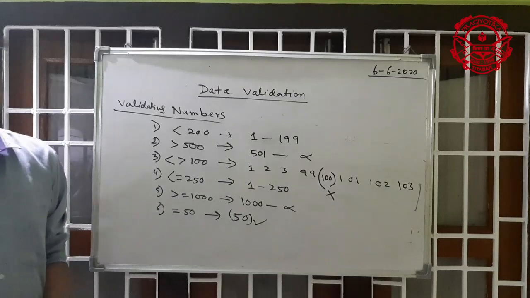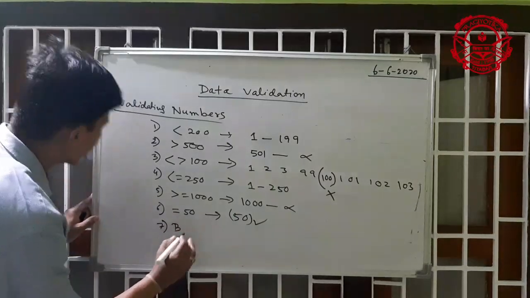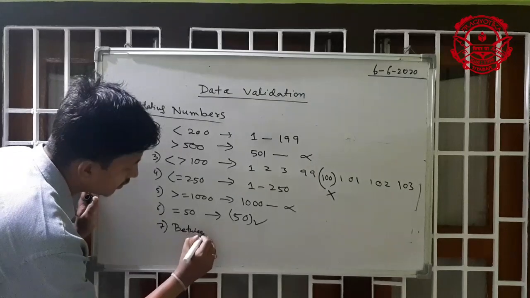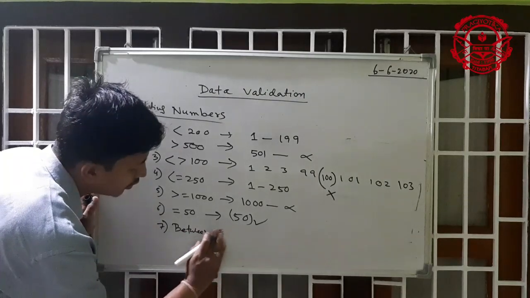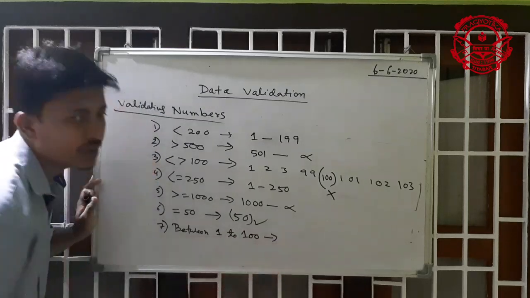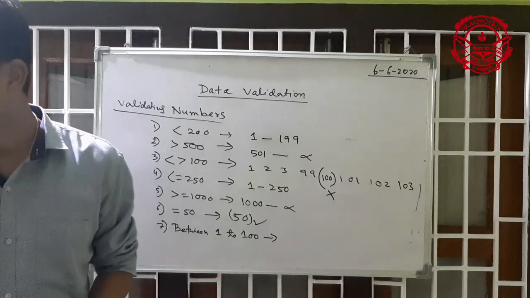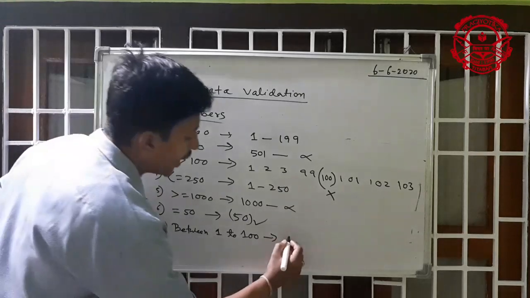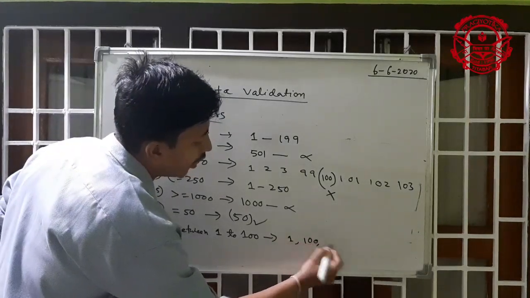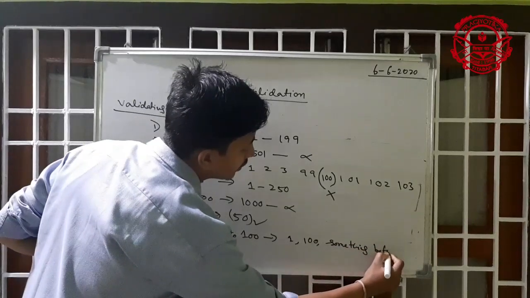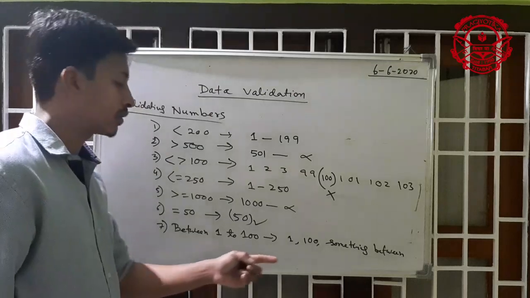Number 7, between 1 and 100. The value must be 100 or something in between. Something in between means anything from 1 to 100.